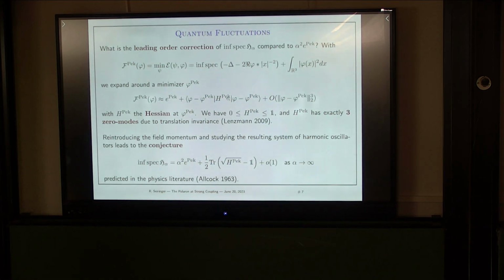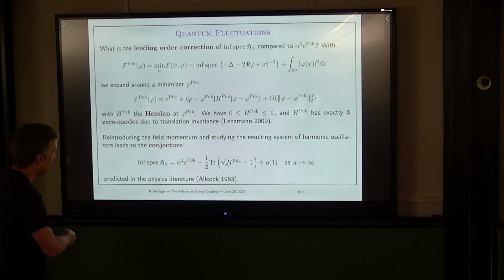Then we're led to the following prediction or conjecture, namely that if we expand the ground state energy of the Fröhlich model for large alpha, then beyond the classical approximation, we should sum up the 0-point energies of all these harmonic oscillators. And they turn out to be order 1, actually, right? So you see here there's an alpha squared. The next term should be order 1, so whatever comes left should go to 0 here as alpha goes to infinity.